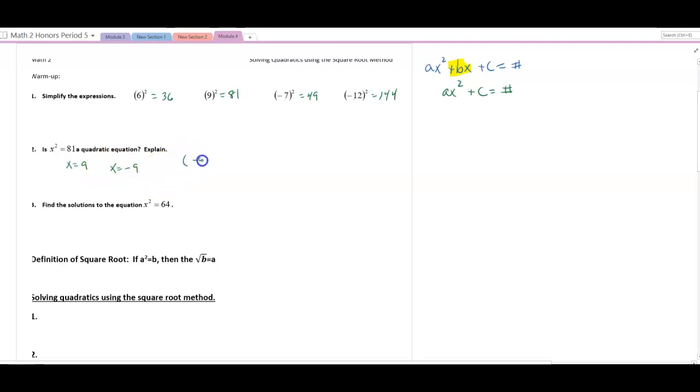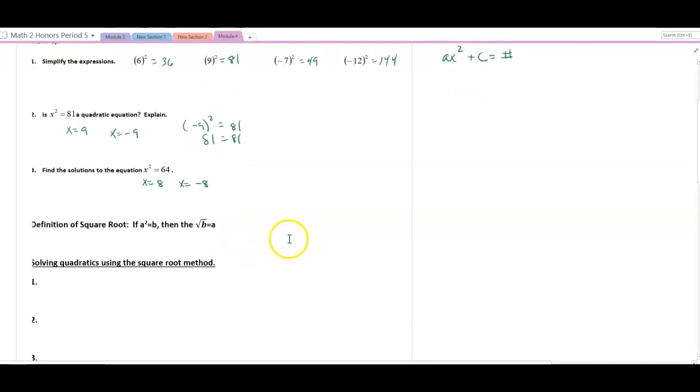If I take negative 9 and square it, would that equal 81? Remember, a negative raised to an even power is a positive. So x could equal 9 and x could equal negative 9.